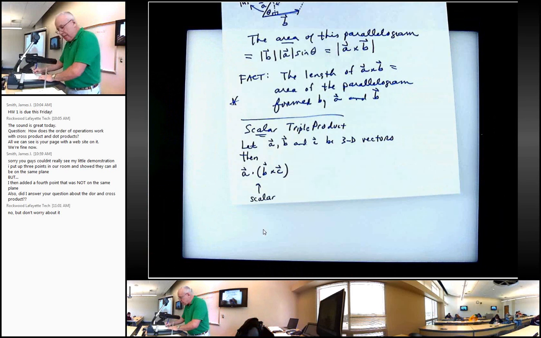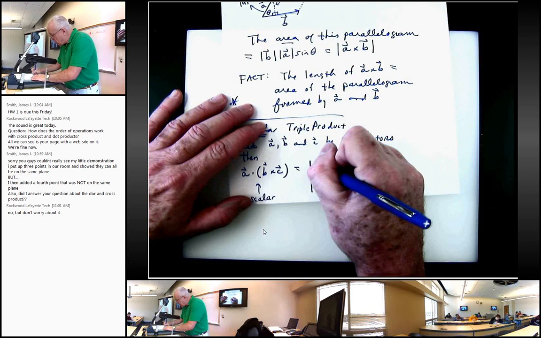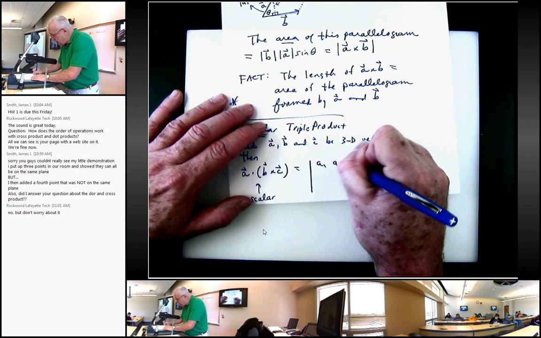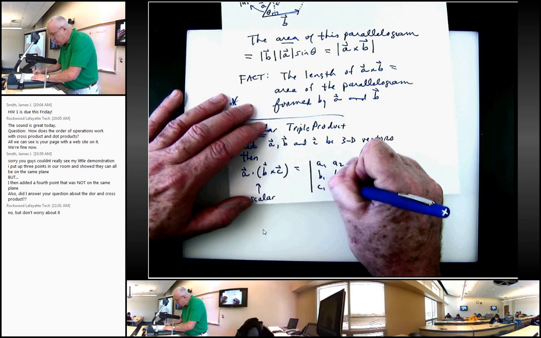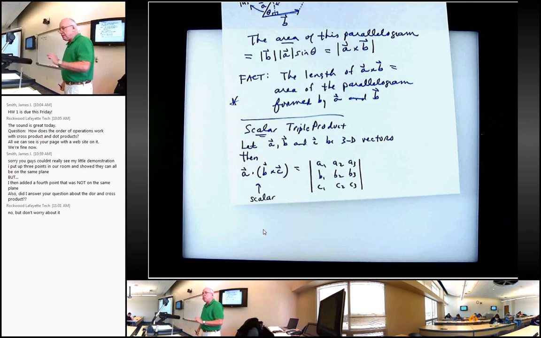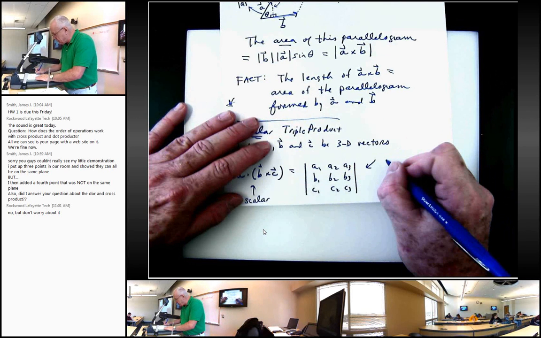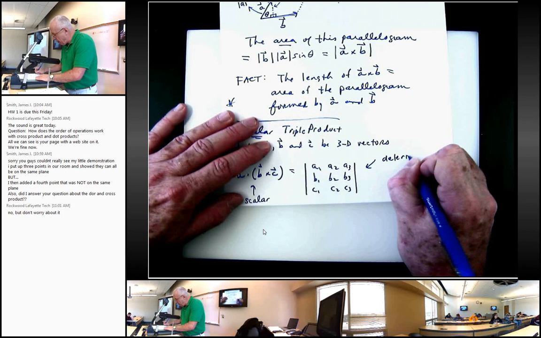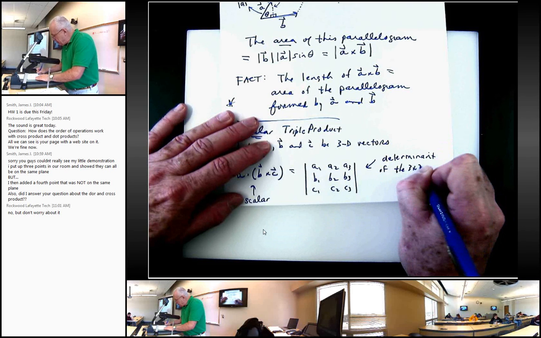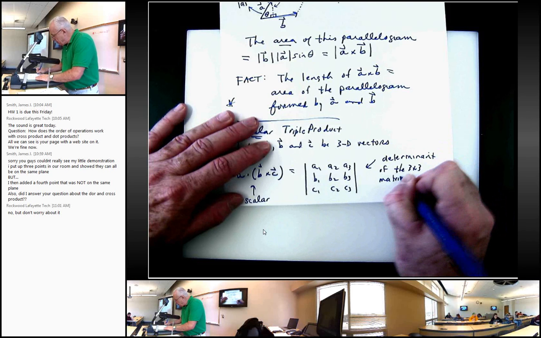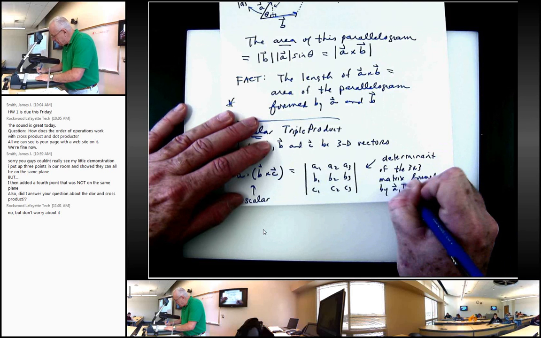This actually is going to equal the determinant of the 3 by 3 matrix with rows A1, A2, A3, B1, B2, B3, C1, C2, C3, formed by A, B, and C.